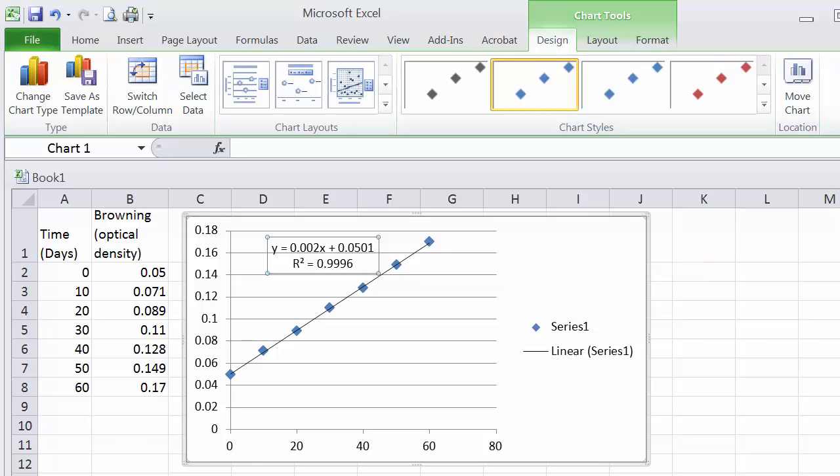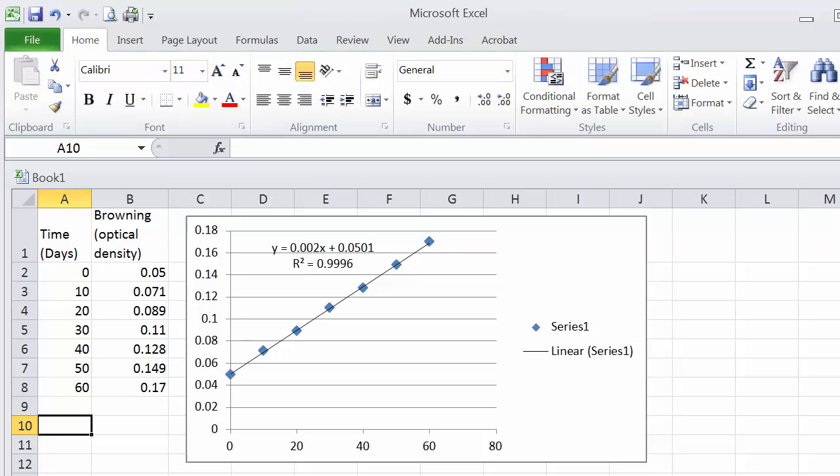Since the data fit has a very high R-square value, we observe that this indeed is a zero order reaction since we plotted the optical density versus time. Now from the equation of this line, note that the slope value is 0.002. So we can enter that here in the spreadsheet.